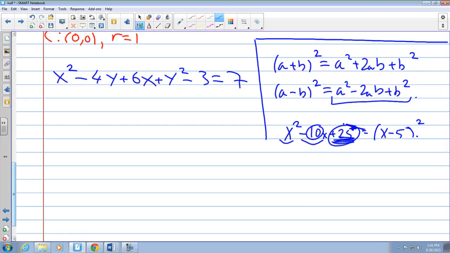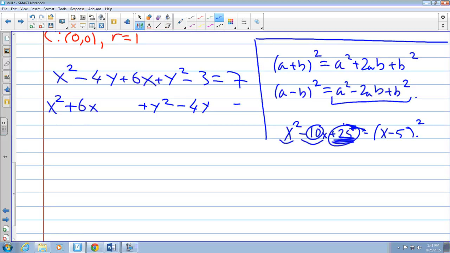So the way we're going to treat this problem is take x squared. I'm going to put 6x next to it. I'm going to start grouping my variables. I'm going to leave a little gap. Then I'm going to write y squared minus 4y. I'm going to leave a little gap there.